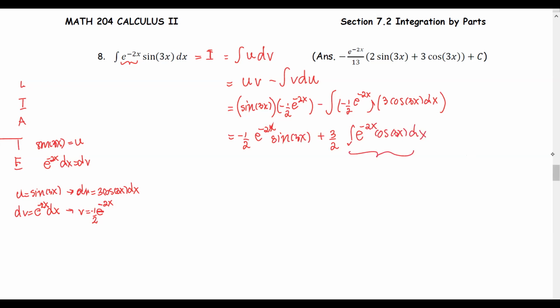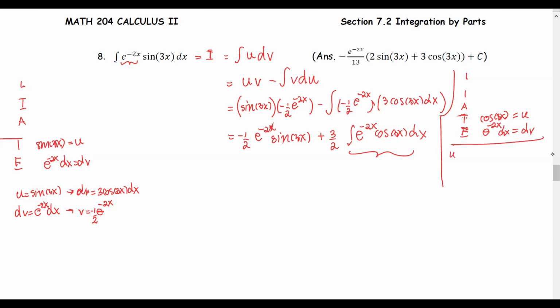The second part here is the integral of the exponential and the trig function. For this part, we're going to repeat another bypass process. Same way, we identify using LIATE: e to the negative 2x is the exponential and cosine of 3x is the trig function. The trig function is the u, the exponential is the dv.